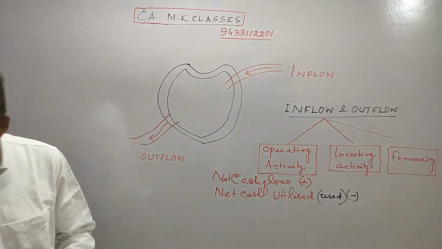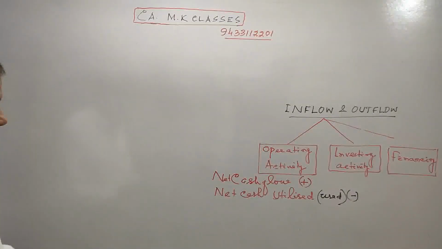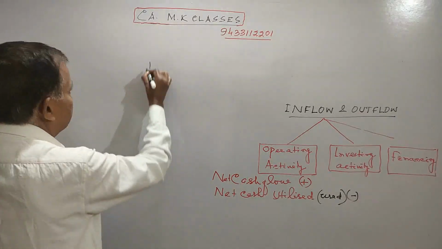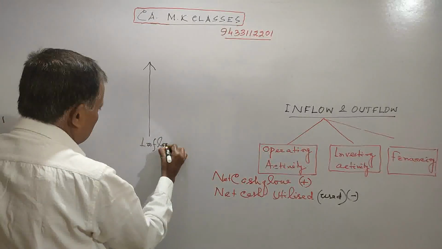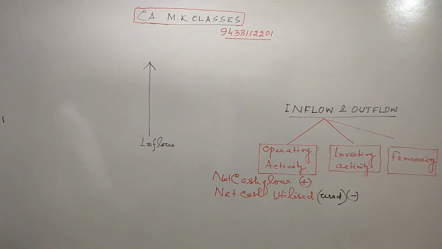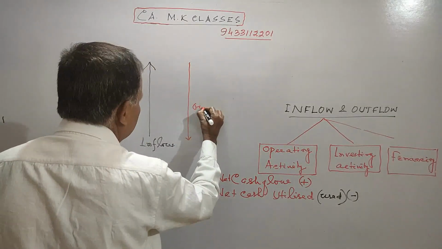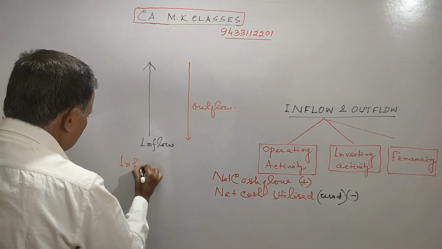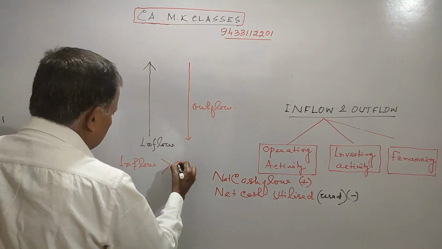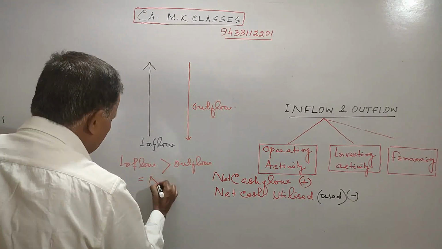This is your inflow of cash, money is coming in. And here money is going out, outflow. If inflow is greater than outflow, the result is net cash flow.